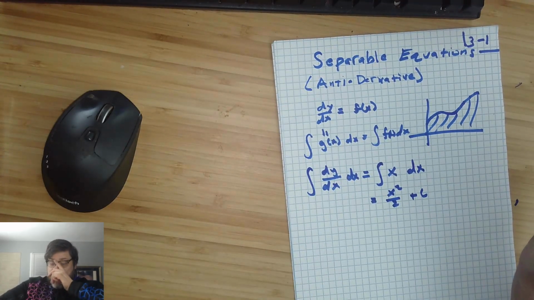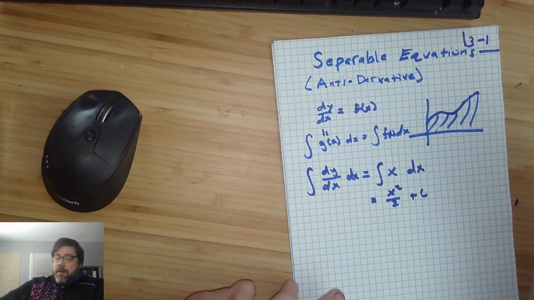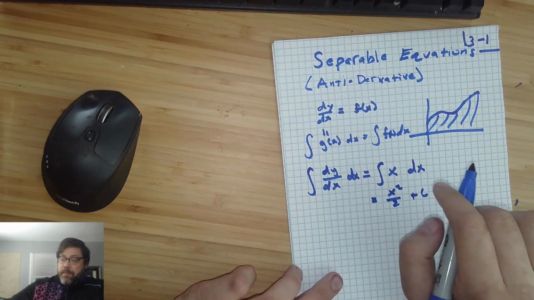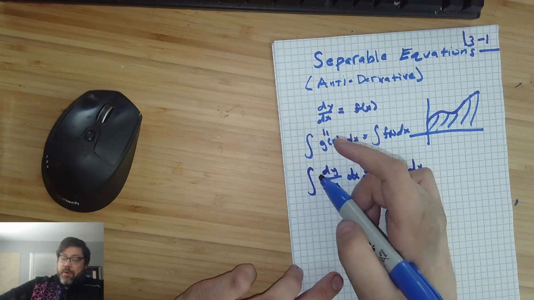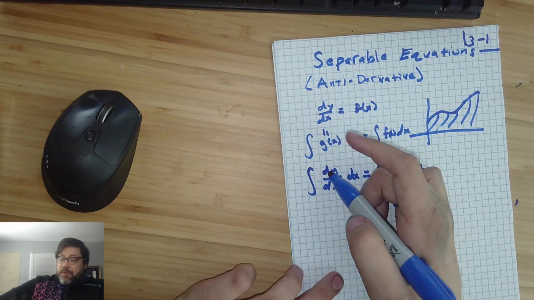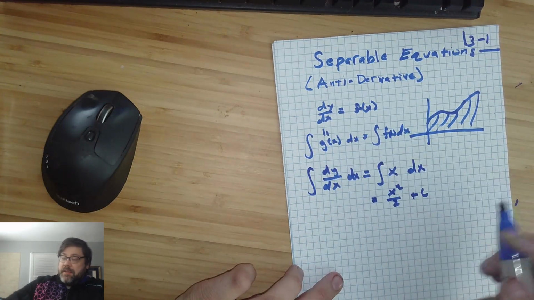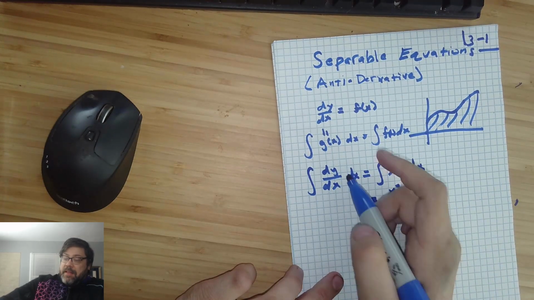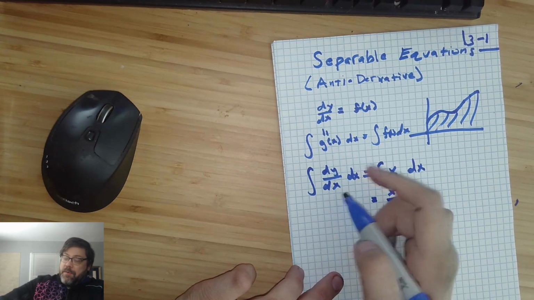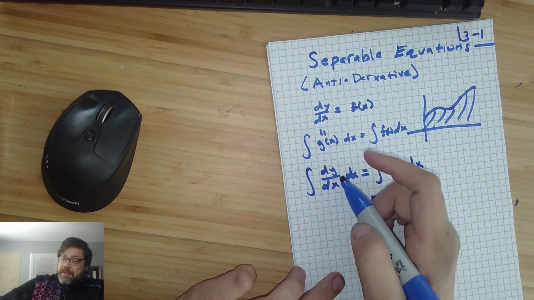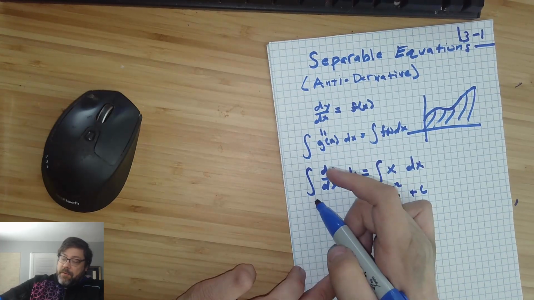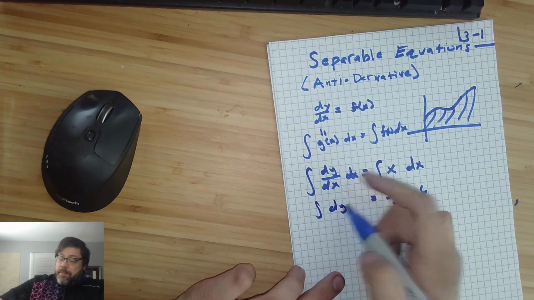This is where the idea that integrals and derivatives basically undo one another comes in. I'm going to integrate the derivative, and integrating the derivative undoes it and gives back the same function. It's like taking the inverse of itself. So this is just the integral of dy.